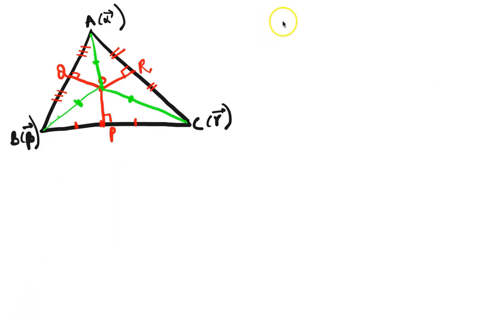So what we have proved is OA equals OB equals OC. What does that mean? That means if I draw a circle through points A, B and C, then O will be the center of that circle with OA, OB and OC as the radius. That's why point O is called the circumcenter of a triangle, because assuming it as the center, we can draw a circle which is the circumcircle of triangle ABC.